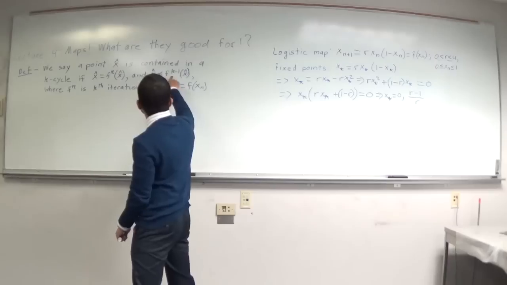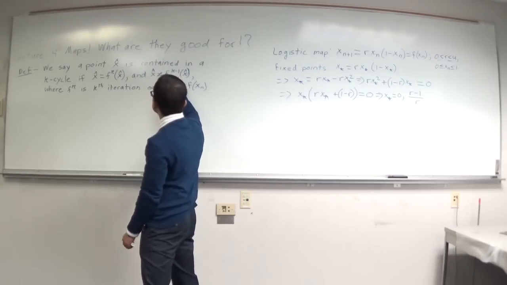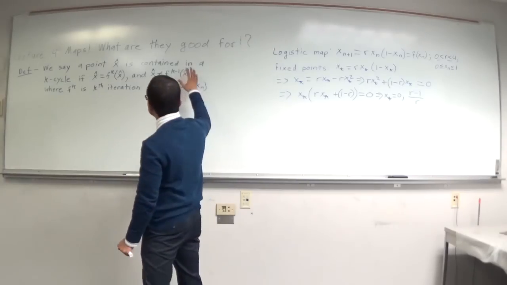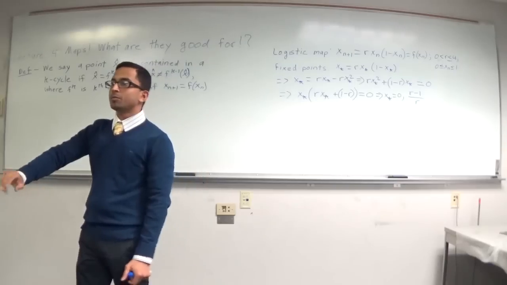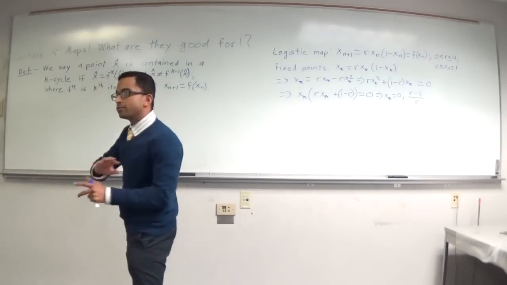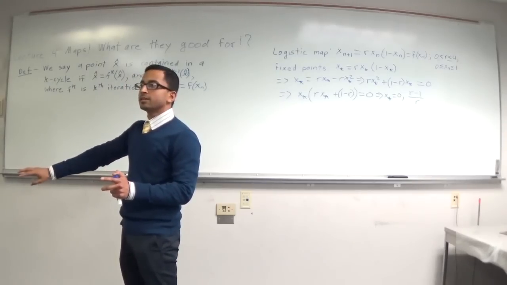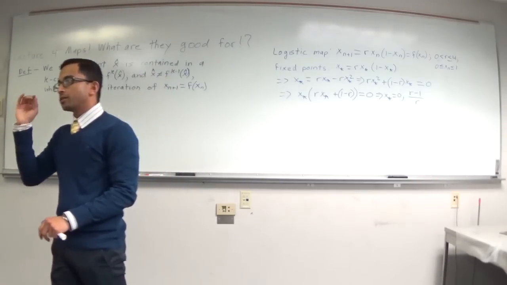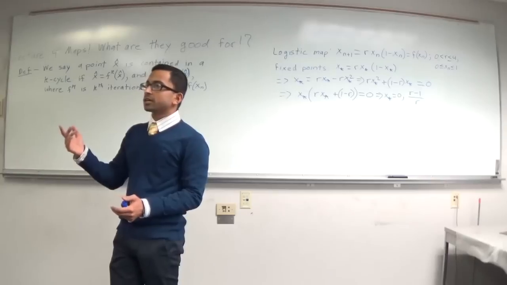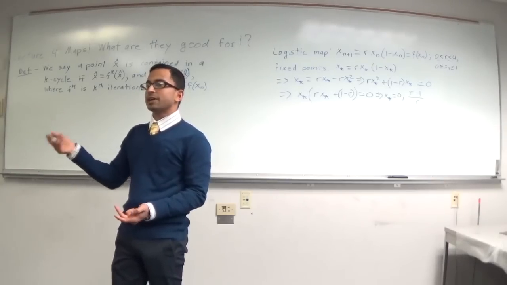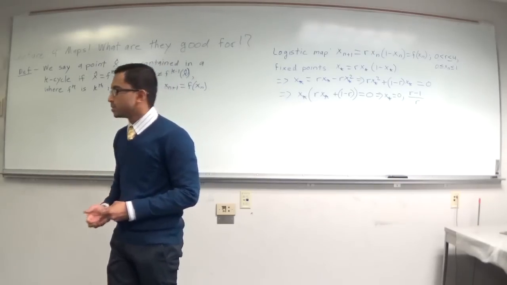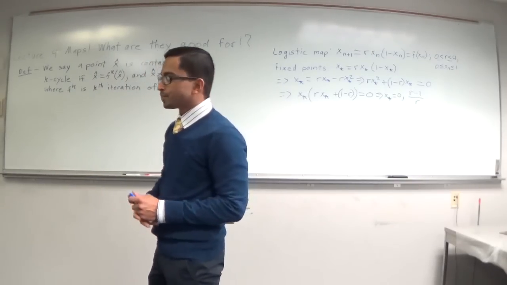So that's why x hat cannot be in this k minus 1 cycle. Anything in a lower cycle will always satisfy this equation, but we want to discard those possibilities. If we're thinking about a 2 cycle, we want to only consider a 2 cycle, not a fixed point. If we're thinking about a 3 cycle, a fixed point will also satisfy that equation, but we want to throw it out. So that's why we define it like this. You have to be a little careful.